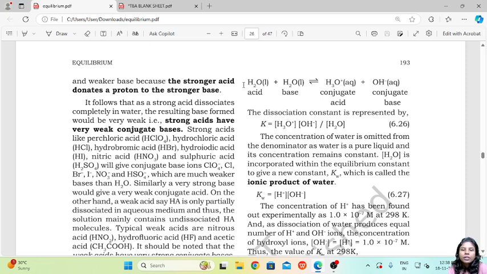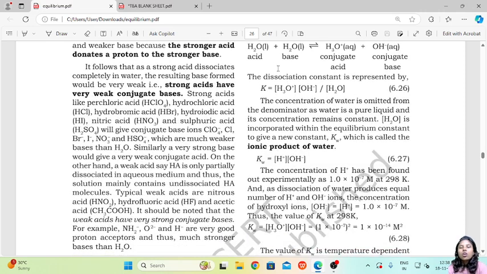One will give away its proton, and the other will accept that proton and become H3O+, so this becomes its conjugate acid. The other, after accepting the proton, becomes OH-, the conjugate base. So here, one is giving away its proton and becomes OH-, the conjugate base, while the other becomes H3O+.